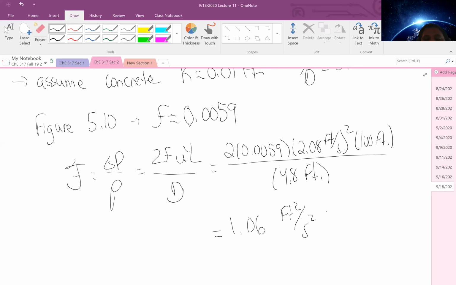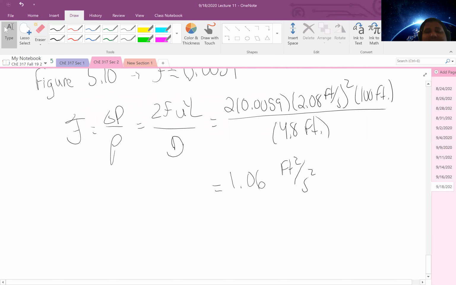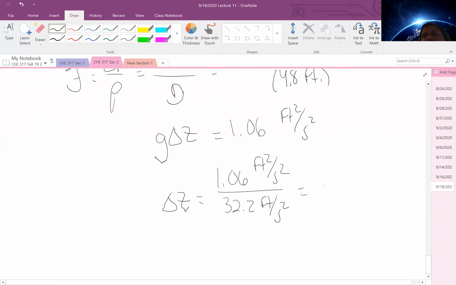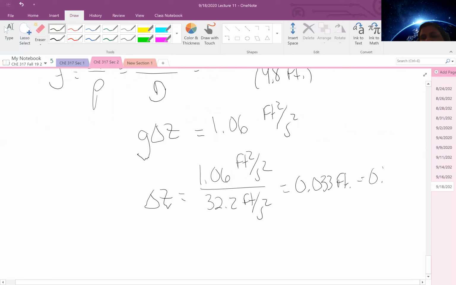So with that in mind, if that's the frictional dissipation we have, which is surprisingly not as much as I expected, and that would also be g equals delta Z. So our height change in this 100 feet is simply the 1.06 feet squared per second squared divided by 32.2 feet per second squared, which would be fairly small, 0.033 feet, which is approximately 0.4 inches.